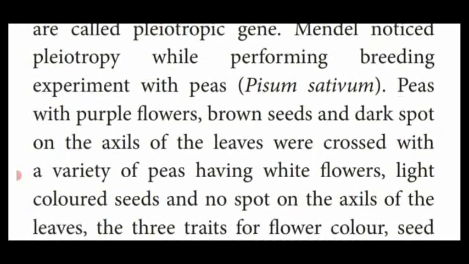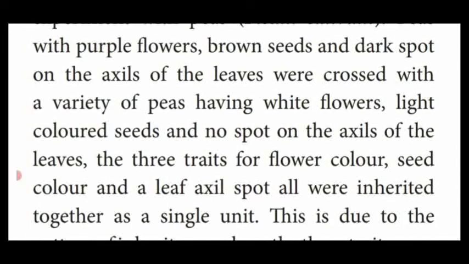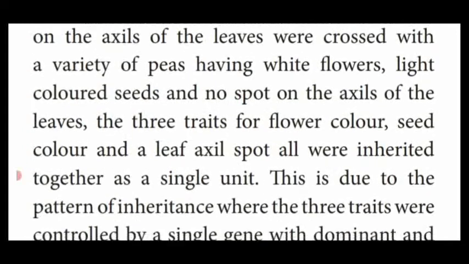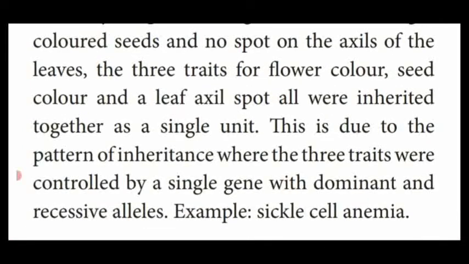So the three characteristic features, flower color, seed color, and spot on the leaf axil, were all inherited together by a single unit. This happened due to a single gene with a dominant and a recessive allele. That is said to be pleiotropy. An example in human beings is sickle cell anemia.